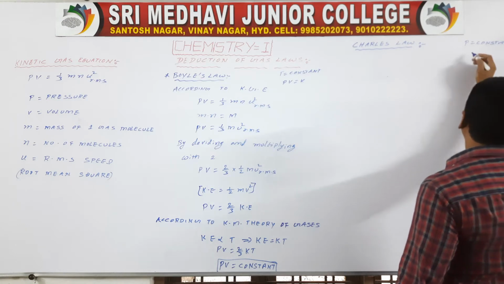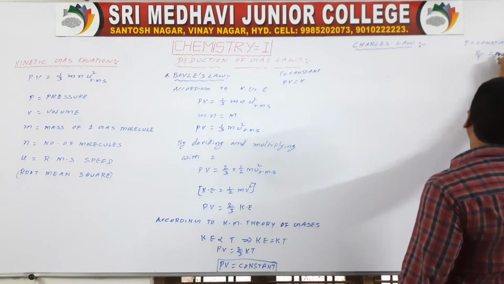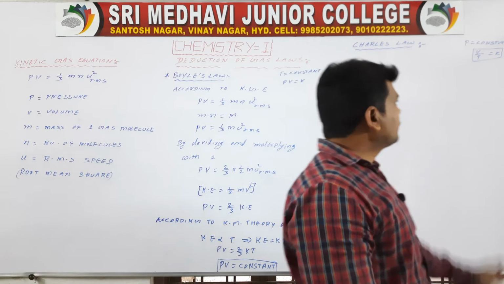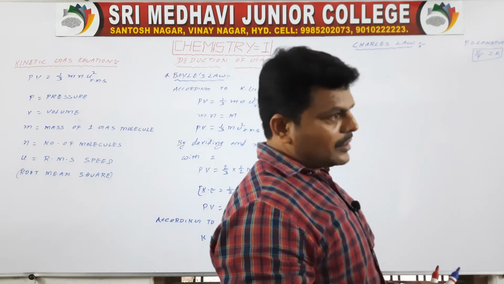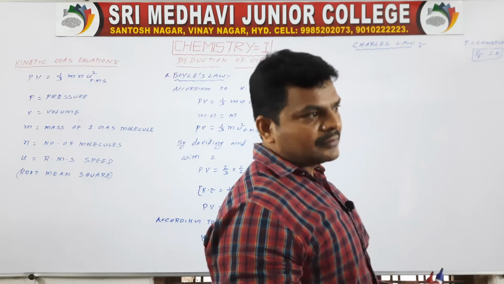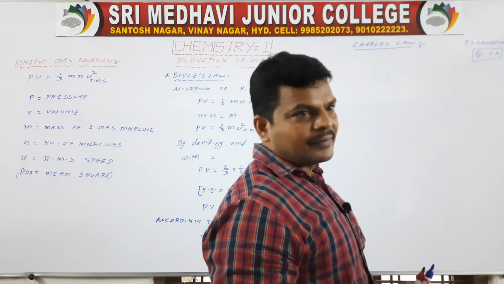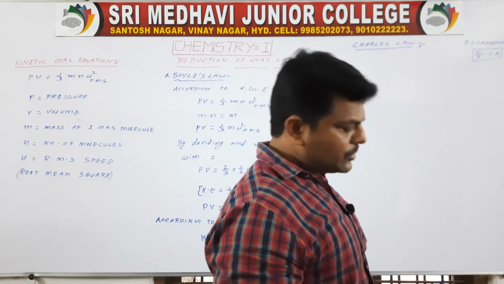At constant pressure, V by T equal to K. You are going to prove V by T equal to K, or V is directly proportional to T. At constant pressure, V by T equal to constant, we are going to prove.